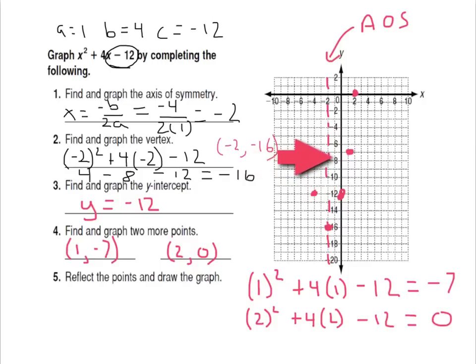And then I'm going to do the same thing with this point right here. So from negative 2, negative 16, I went over 2, up 4, and then I went over 1, up 5. So I'm going to go over 1, up 5 to my next point.